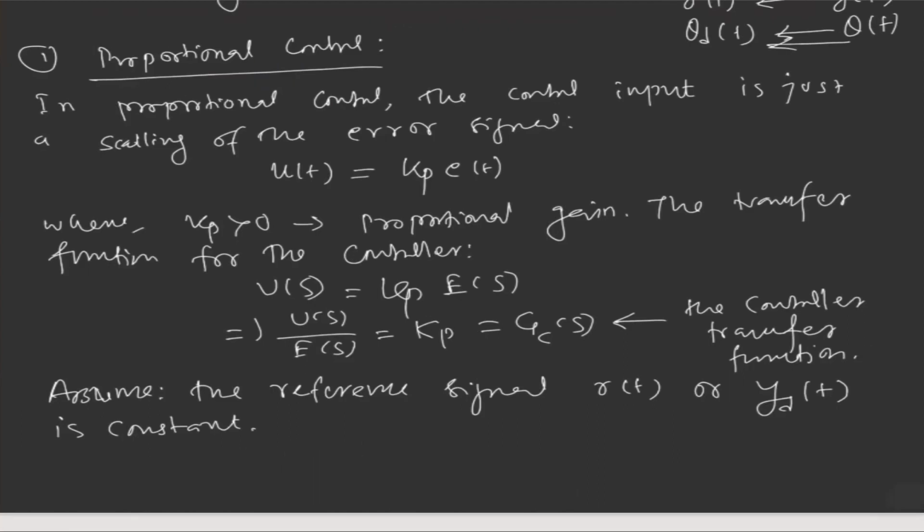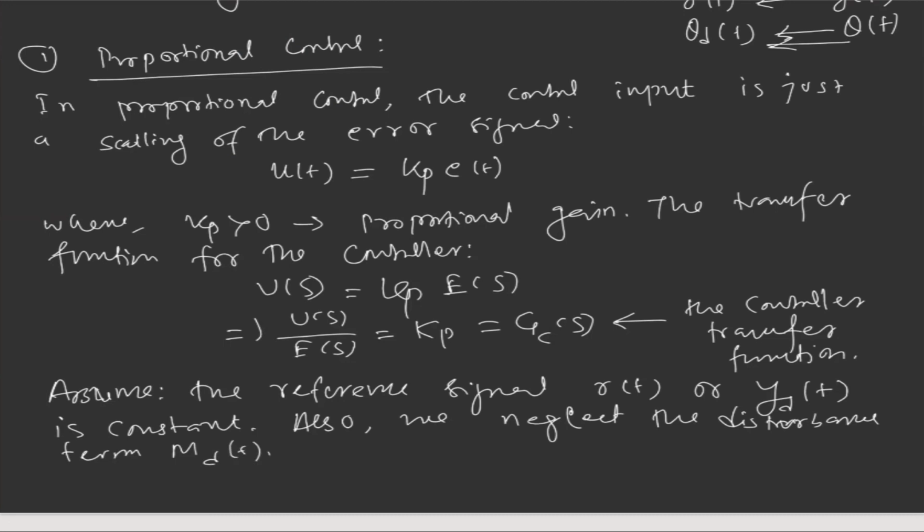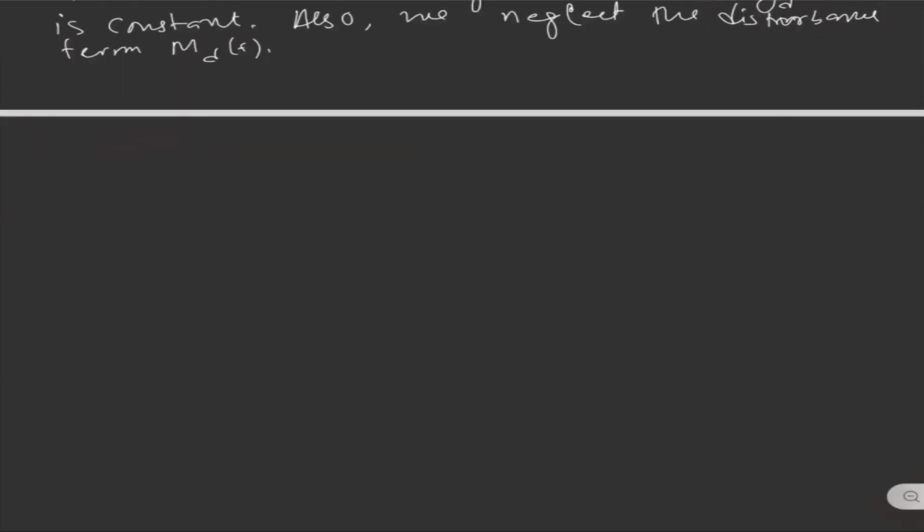So we neglect the disturbance term MD(t). Based on this assumption, we can write our system, the aircraft attitude motion.